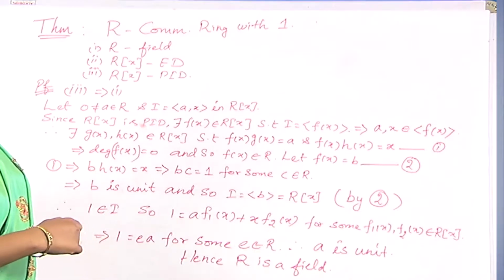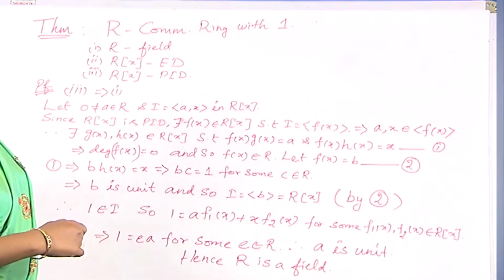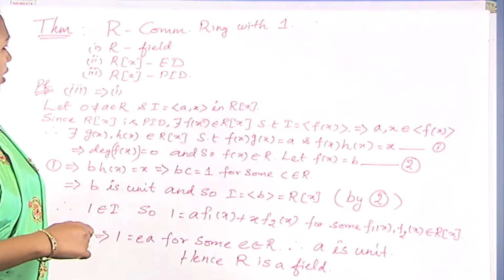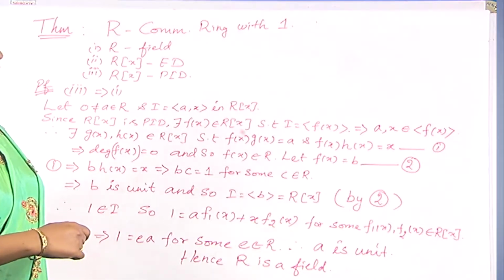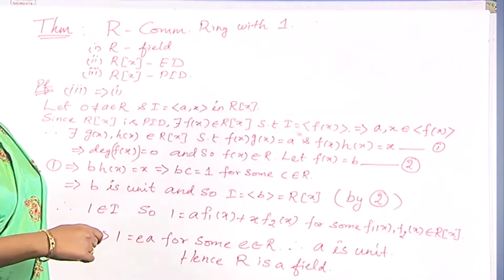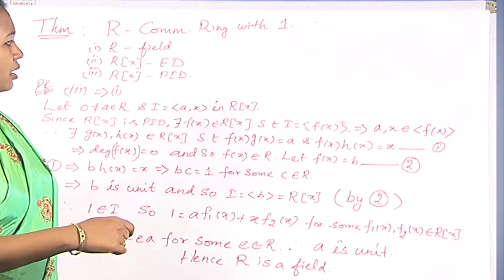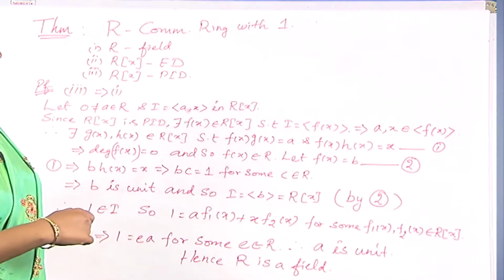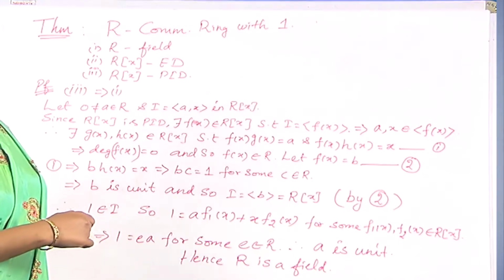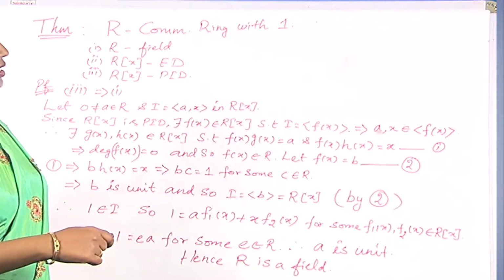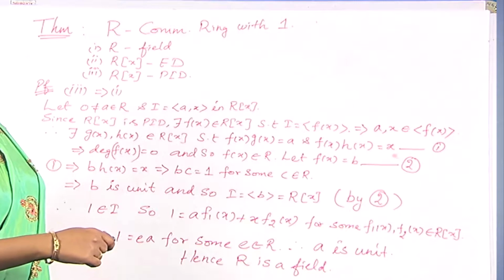Now, since R[x] is a principal ideal domain, every ideal is generated by a single element, and therefore, you can find an f(x) in R[x] such that I is equal to the ideal generated by some f(x) here. But we have already taken I to be the ideal generated by a comma x, and therefore, this ideal generated by f(x) will contain both the elements a and x.